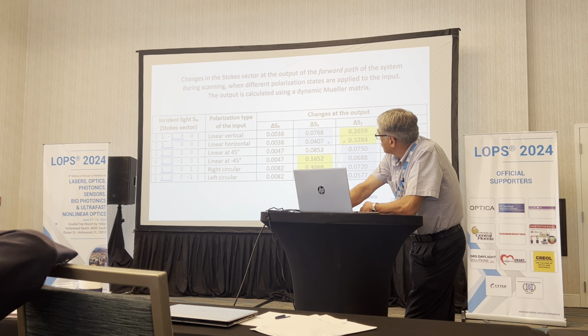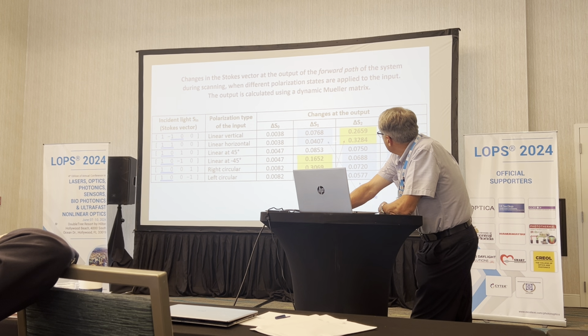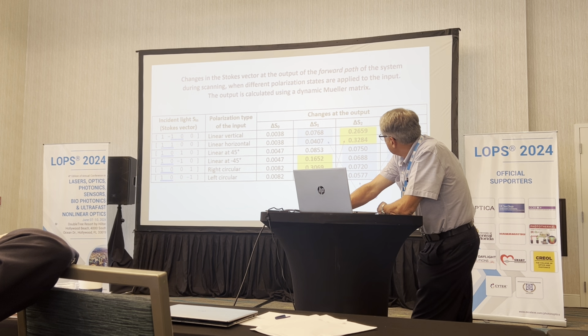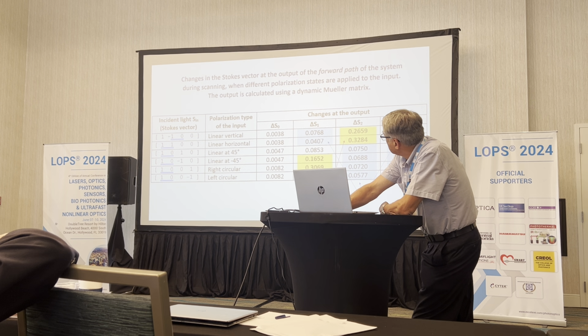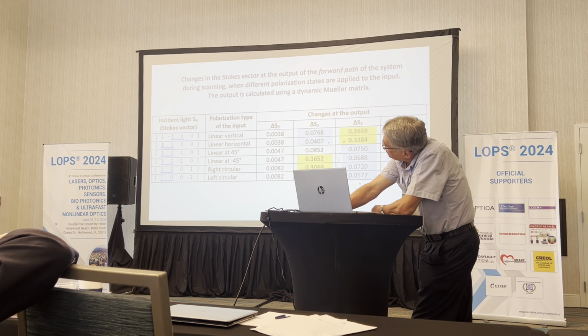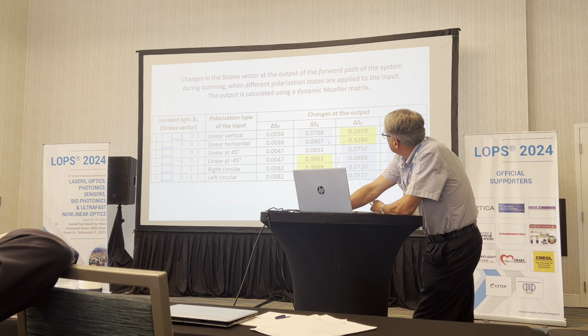the six polarization states that you use, and you have your changes in the four elements of the Stokes vector. Now you can tell from this table which one is least influenced by the change of polarization. And in that case, for the forward path, you see pretty much that this S1 is best measured with linear vertical polarization.